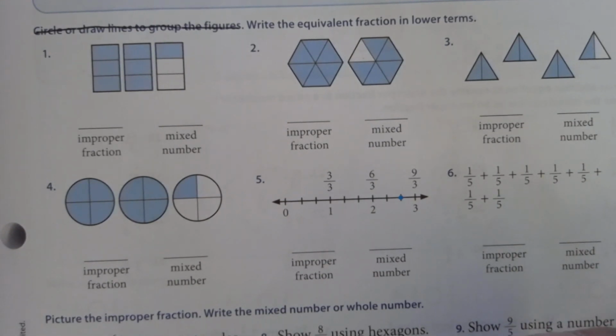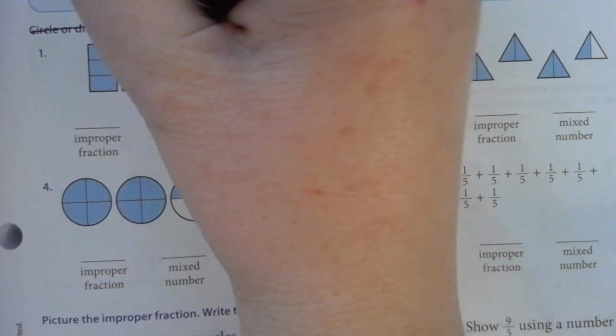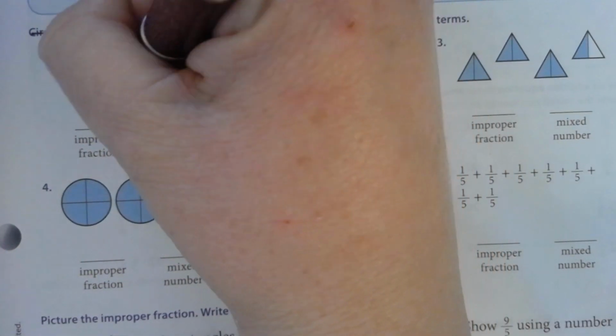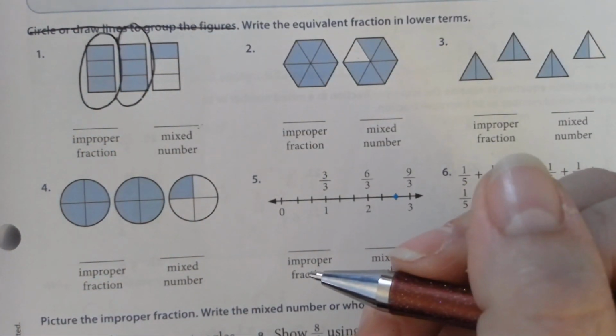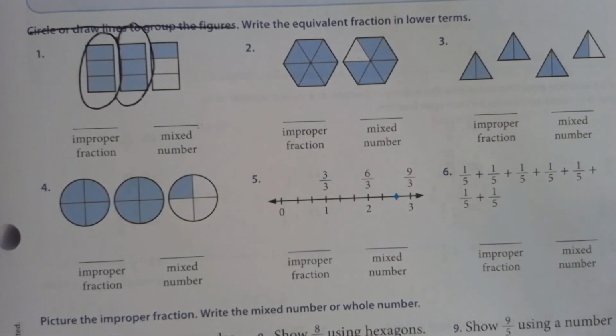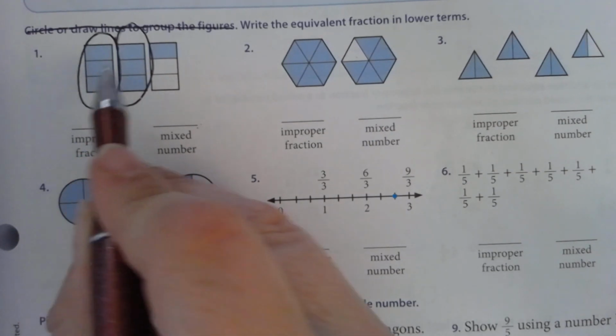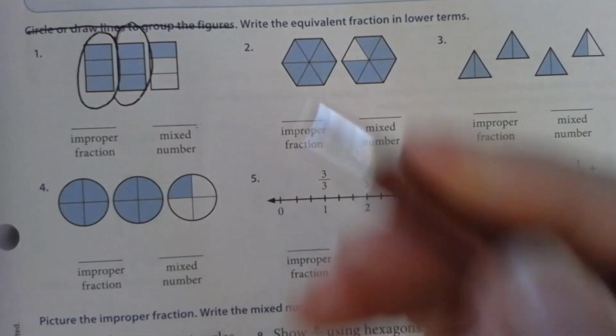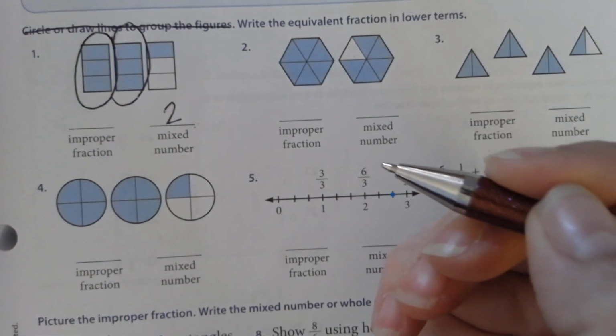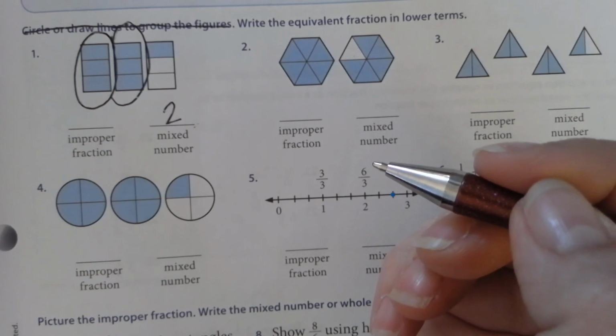The only thing that might help you is when you're doing this mixed number, I could circle 1 whole, 2 wholes, right? But you should be able to recognize that I've got 1, 2 full sections, which I will mark here under mixed numbers.